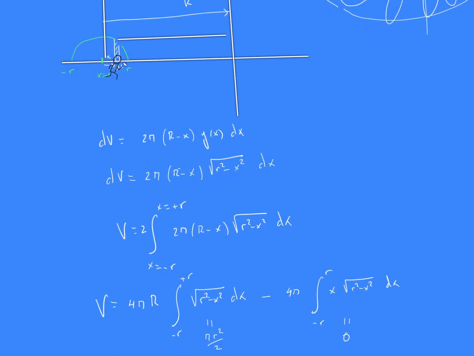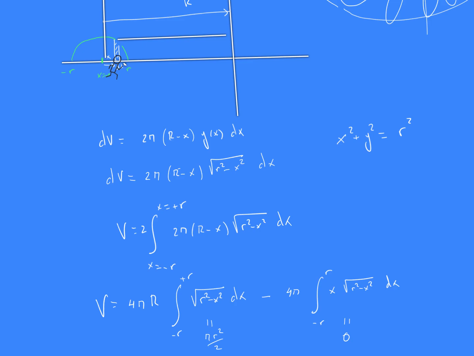So the small volume will be 2 pi (R minus x) times y of x. What is the height that exists at this point x? Well, the function. And what is the function? The function is the equation of the graph, so x squared plus y squared equals little r squared.